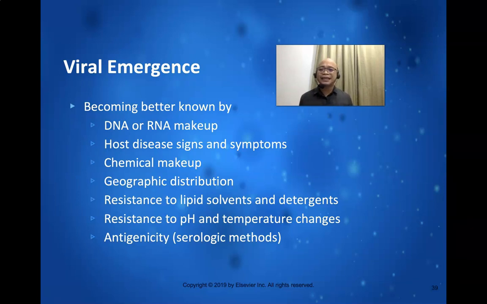We know the DNA and RNA makeup, the host diseases, signs and symptoms, chemical makeup, and geographical distribution. We know that COVID-19 originated from China. They are resistant to lipid solvents and detergents, particularly non-enveloped viruses. Some of them are resistant to pH and temperature changes, and some can be serotyped because of the antigenic component.